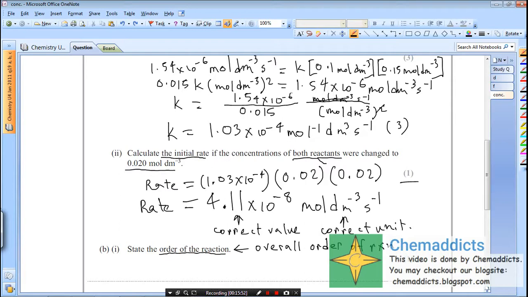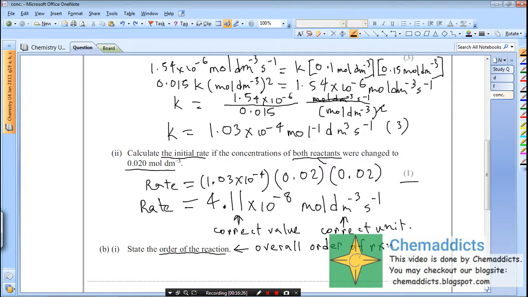What if they have asked about the order of a particular reactant, the order of bromoethene in this reaction, or the order of hydroxide in this reaction? Well, they will mention it in the question. They will say state the partial order of bromoethene, state the partial order of hydroxide. The answer should be like that.